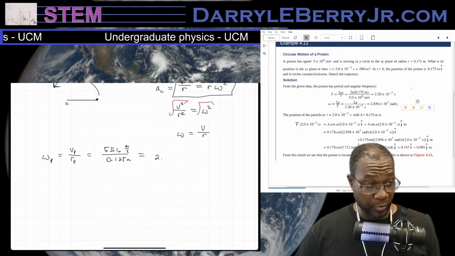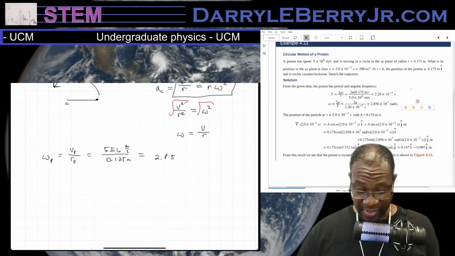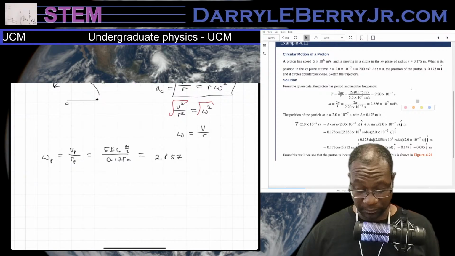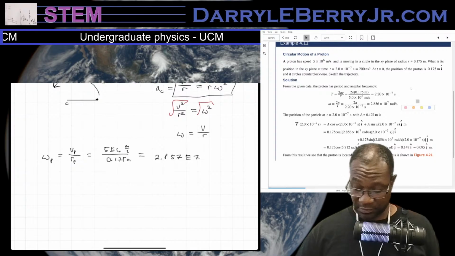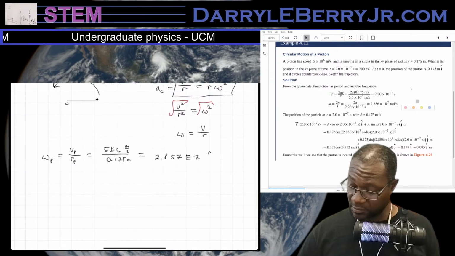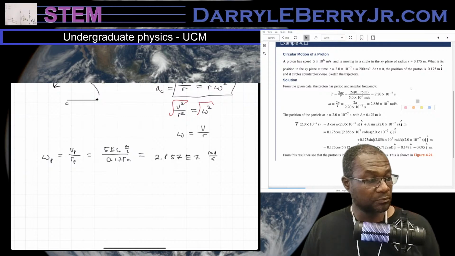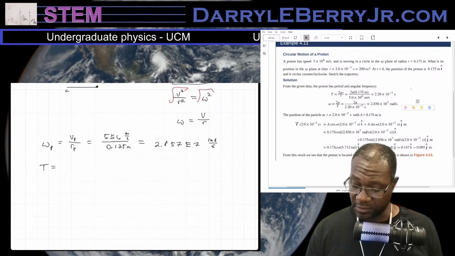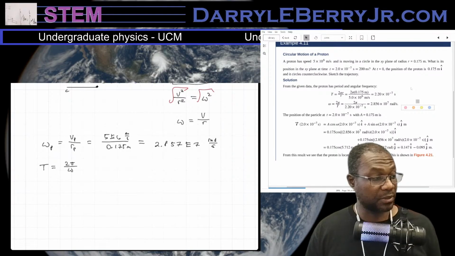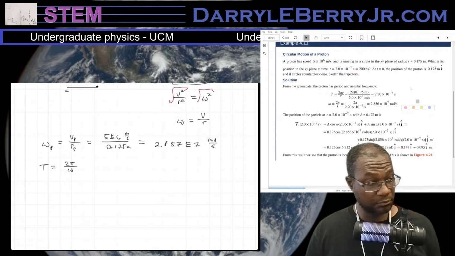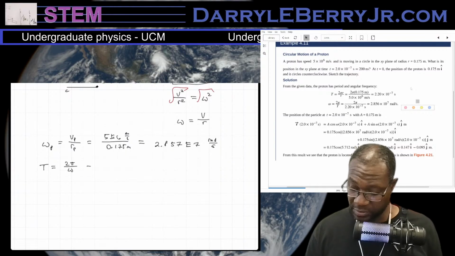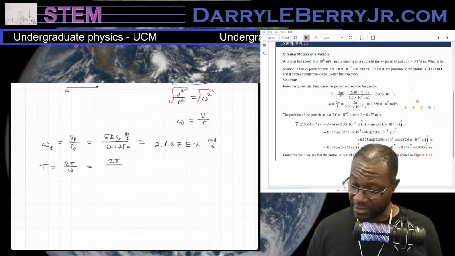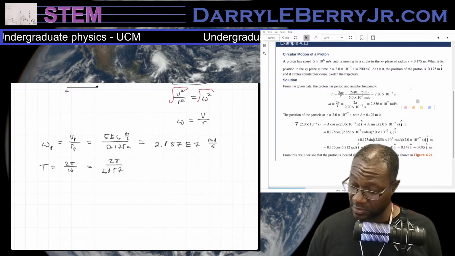So I do get 2.857E7, and this is going to be radians per second. So that matches. And the period equals 2 pi over the angular frequency, which equals 2 pi divided by 2.857E7 radians per second.